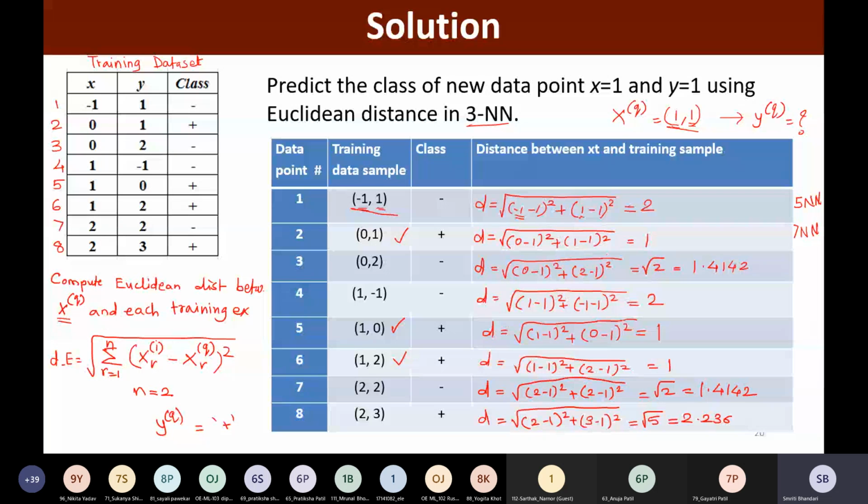And for 7NN, what would be the class? For 3NN, we have identified for 3NN YQ equal to positive.